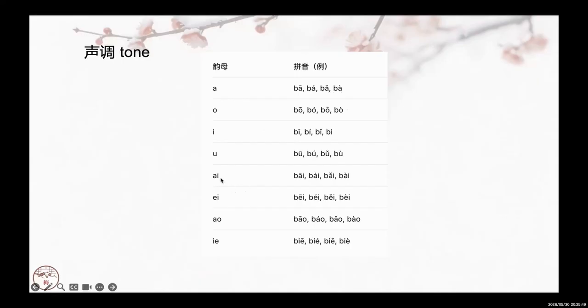For example, ai: bai, bai, bai, bai. Ie: when it comes after the same initial b, bie, bie, bie, bie.